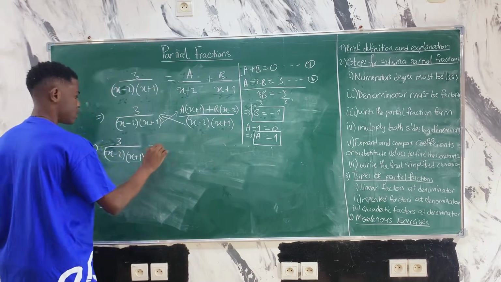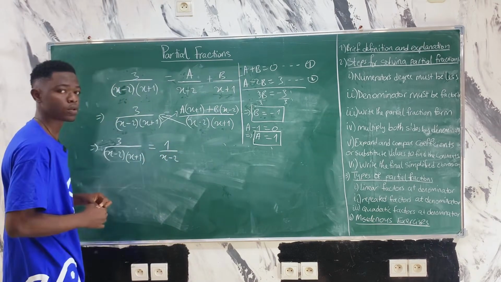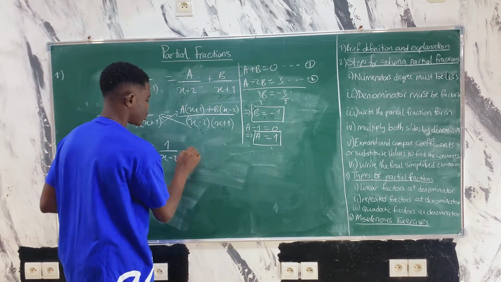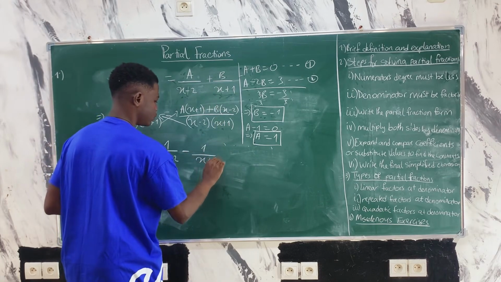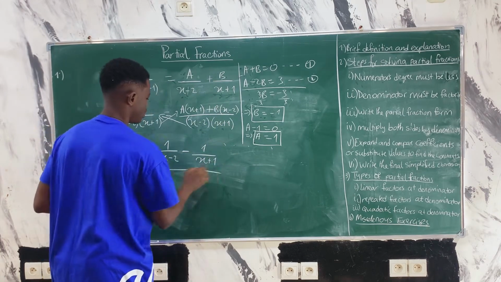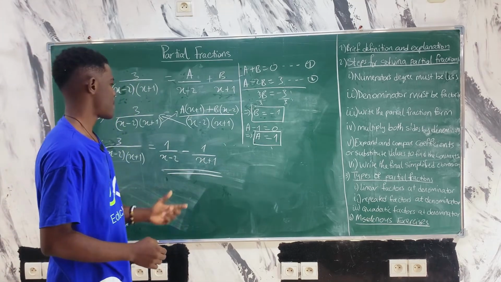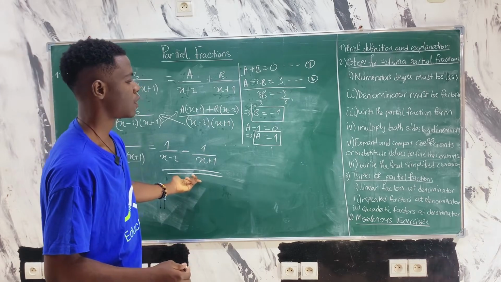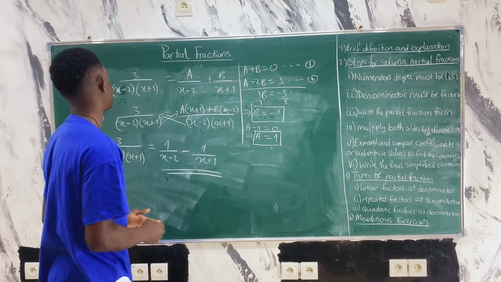So a is 1 on x minus 2. b is minus 1, so I put minus 1 on x plus 1. And this is the final answer. So this is how to solve partial fractions with linear factors at the denominator.